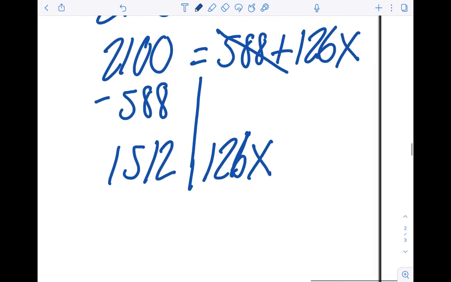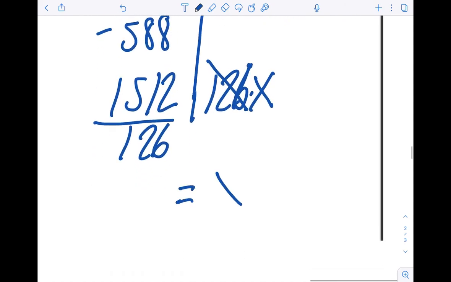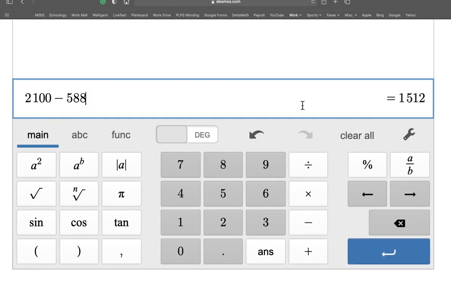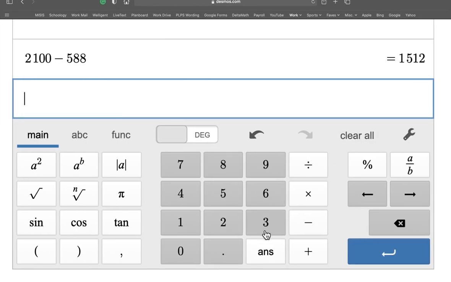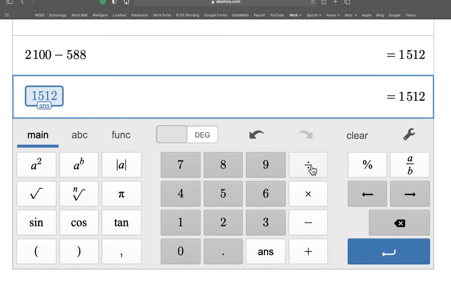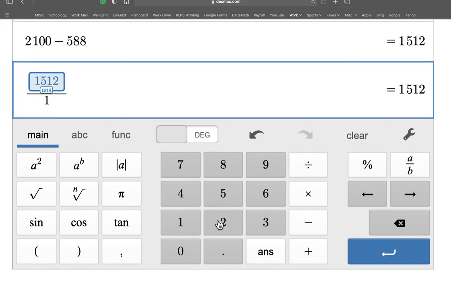The opposite of multiplying by 126 is dividing by 126. So I get x is equal to 1512 divided by 126. So I enter an answer, divided by 126. And I get 12.